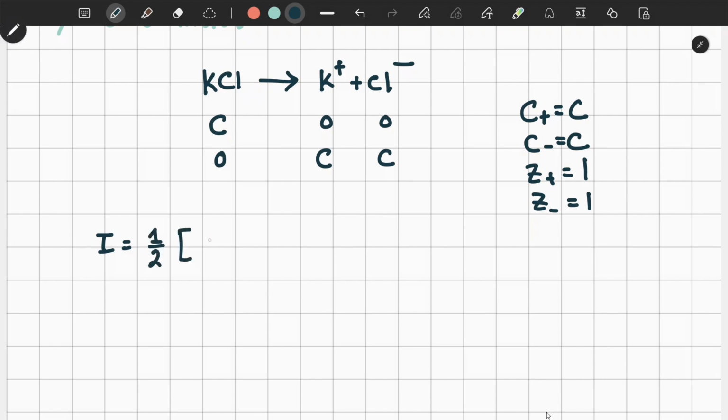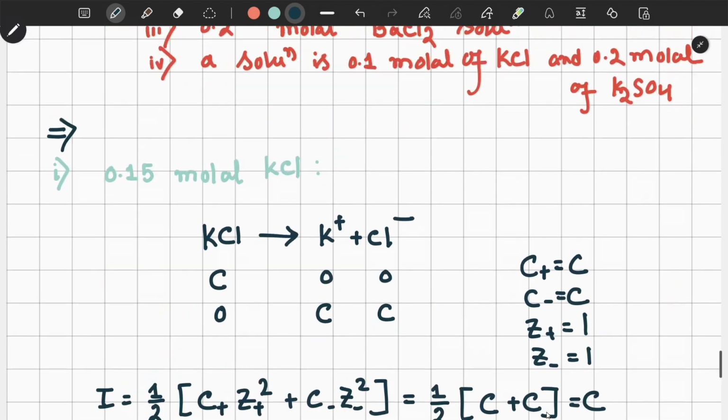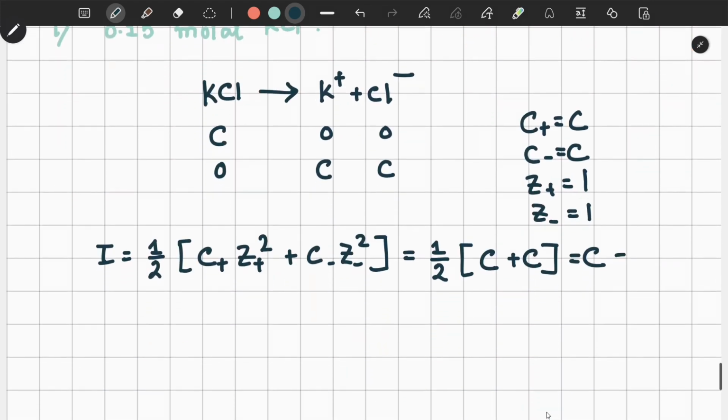It is half times the sum of C_i Z_i squared. So it will be half, C plus is C, Z plus is 1 and 1, so it is just C. So it will be 0.15 molar.